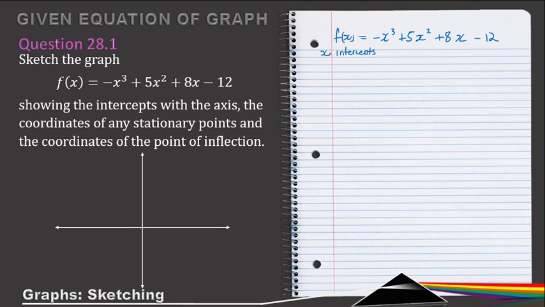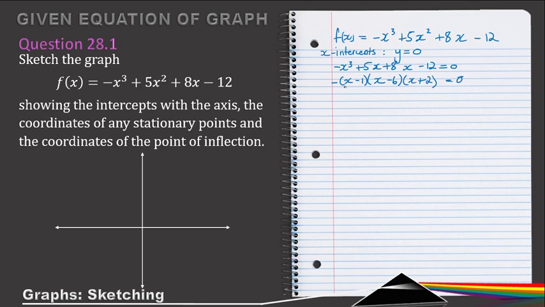So let's get the x-intercepts. The x-intercepts are found by saying y equal to 0 and solving for x. So we're setting this equal to 0, and then factorizing and solving. If you factorize this, what you'll get is negative, x minus 1, and then x minus 6, and then x plus 2.